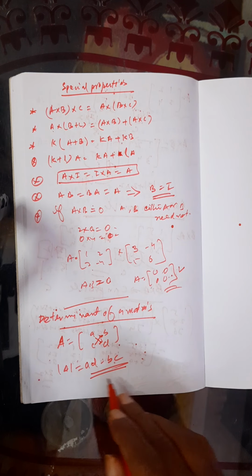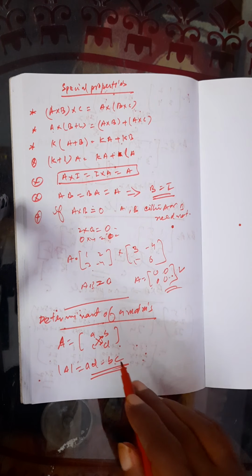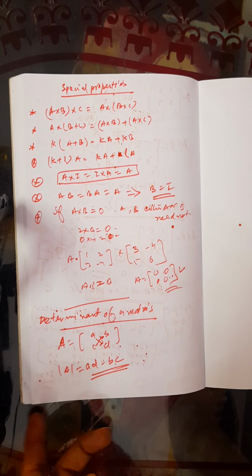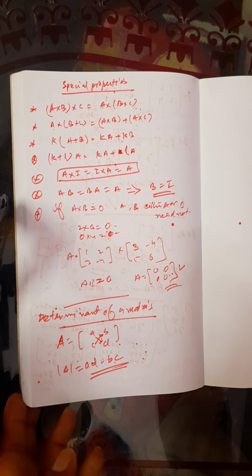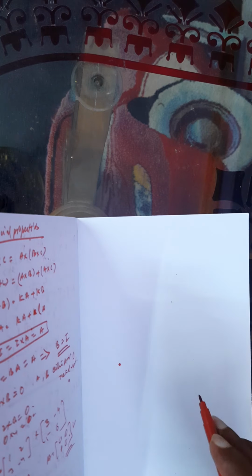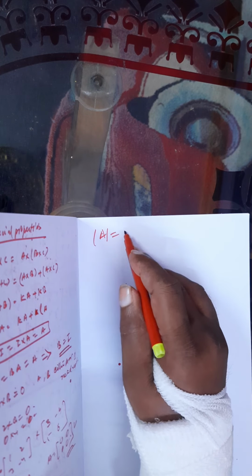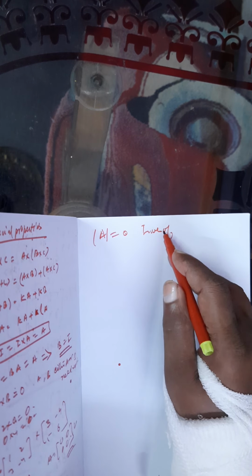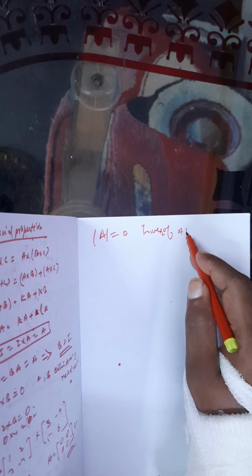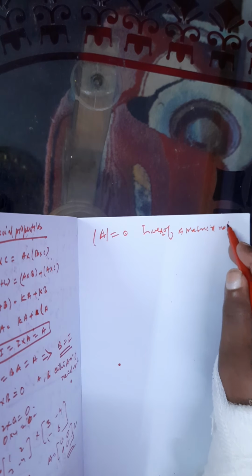It is very important for finding the inverse of the matrix. If the determinant is 0, then the inverse of the matrix does not exist.